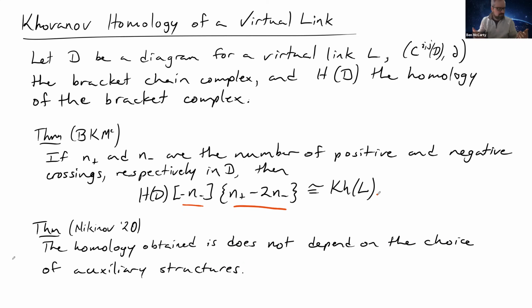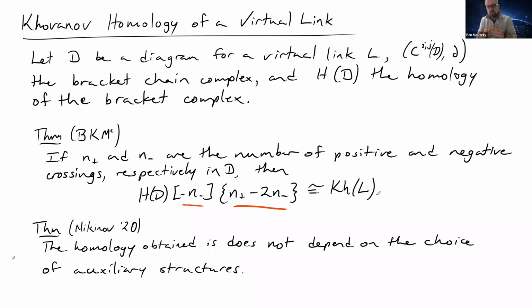In fact, it's just stronger than that, right? The homology theory that you get, if you change things like the cut system, right? You pick a different cut system than what we did, or than what Dicastner and Kaufman did, that in fact, that's not going to change the homology.